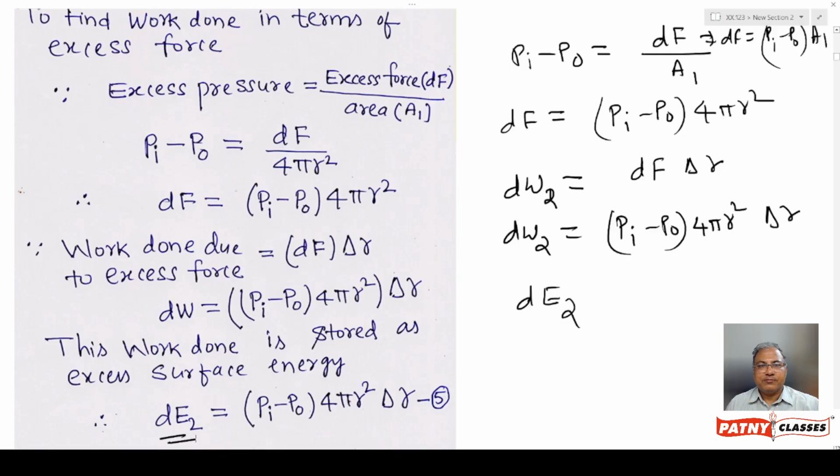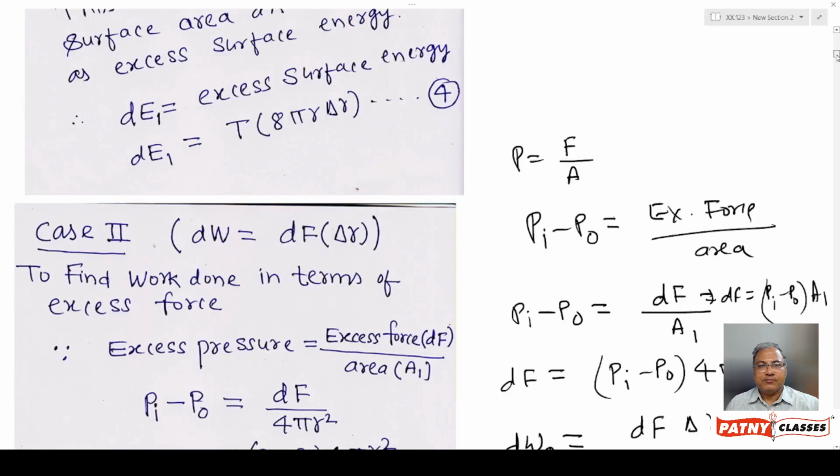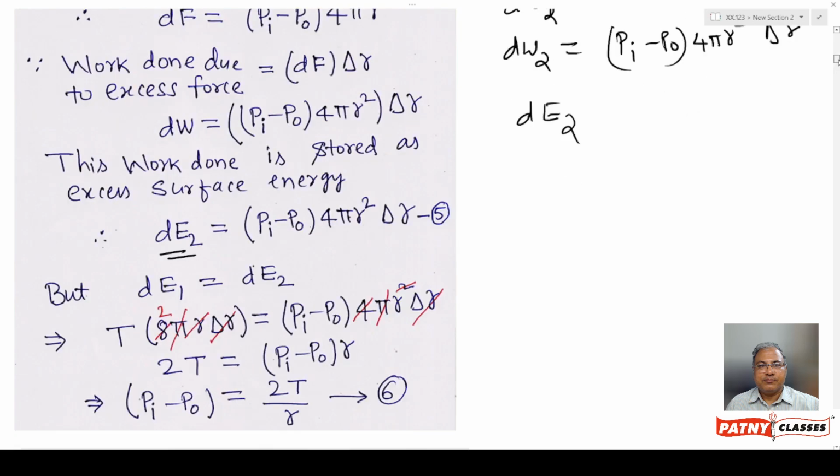So we have the two energies. One is dE1, that is the excess surface energy, and we have dE2, that is the work done stored in the excess surface energy. But both energies are same.